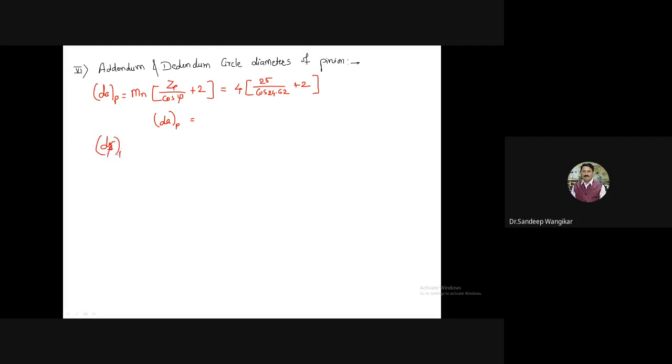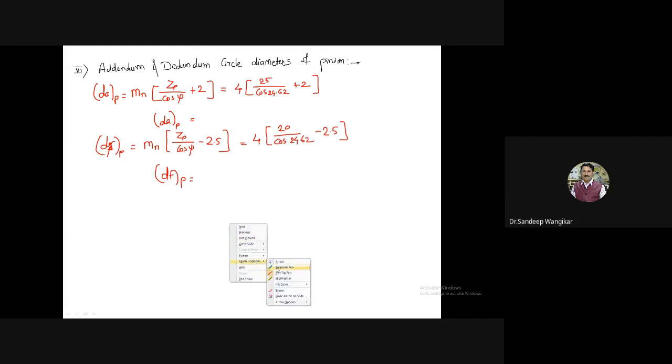dF, the dedendum circle diameter. I will say mn into bracket zp divided by cos of psi minus 2.5: 4 into bracket 20 divided by cos of 24.62 minus 2.5. I will get dF for pinion is equal to.